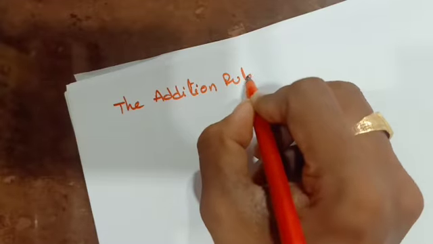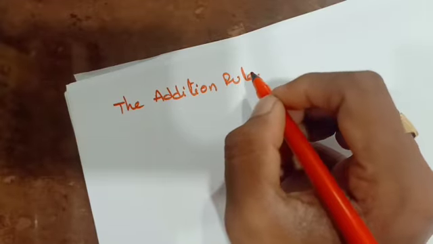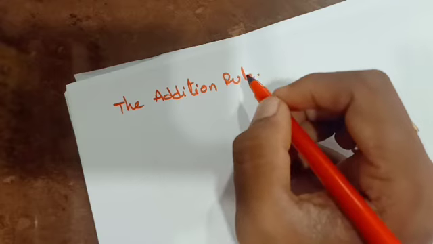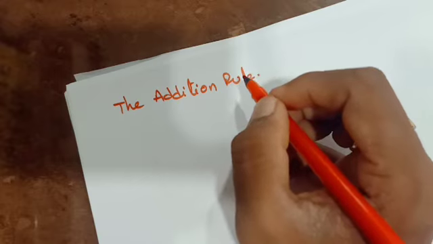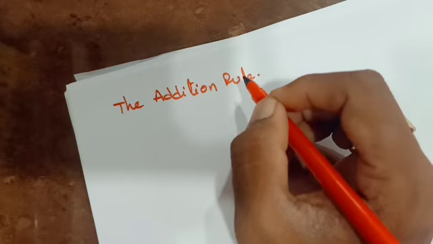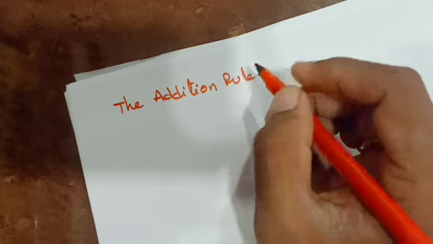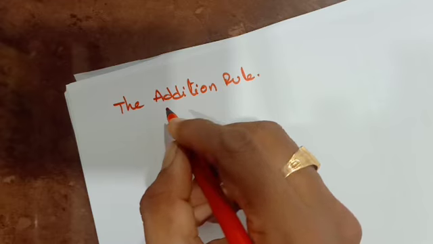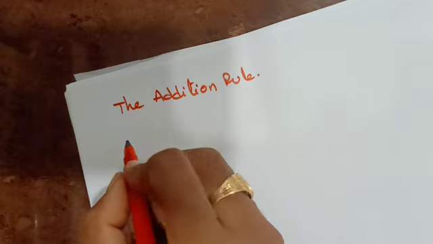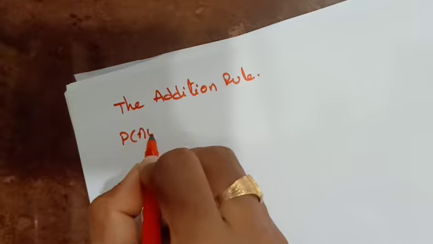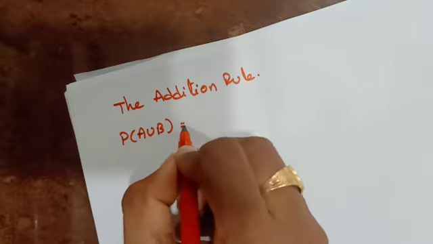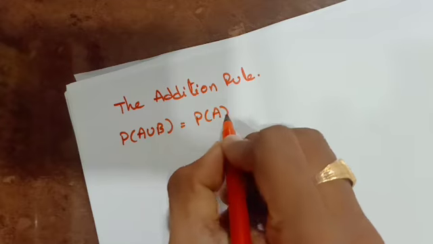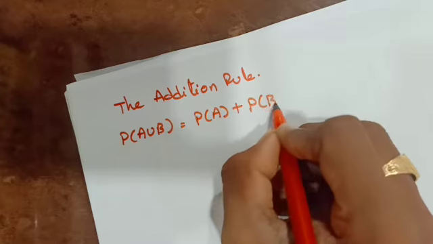Especially when we have mutually exclusive events, suppose two events A and B are mutually exclusive, that is, they cannot occur at the same time, then as per the addition rule, P(A union B) is equal to P(A) plus P(B).